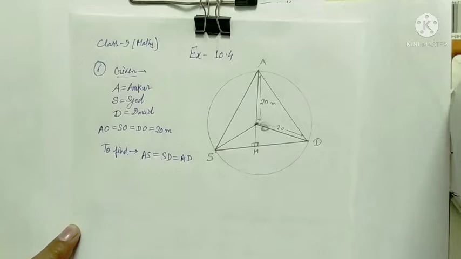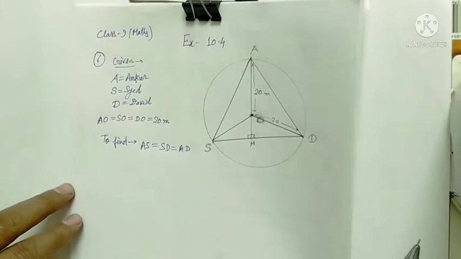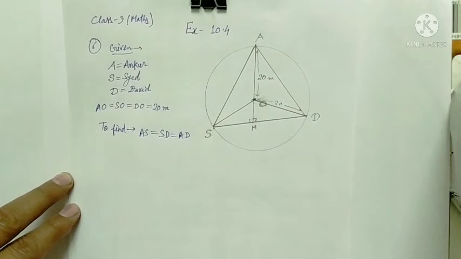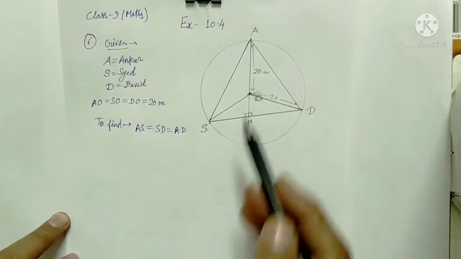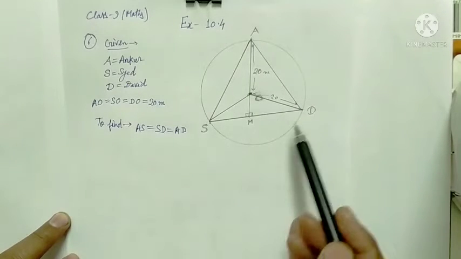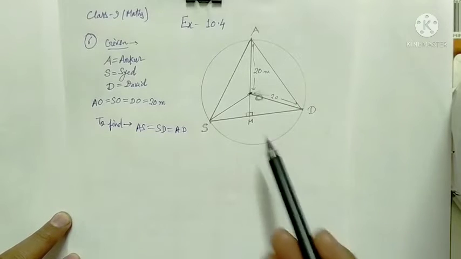Students, in this question many teachers take different and tough methods, Pythagoras theorem and so many, but I will do this question in a very short way and you can understand very nicely. We have drawn the figure, ASD is an equilateral triangle, and I apply one more theorem that I'll prove later on.